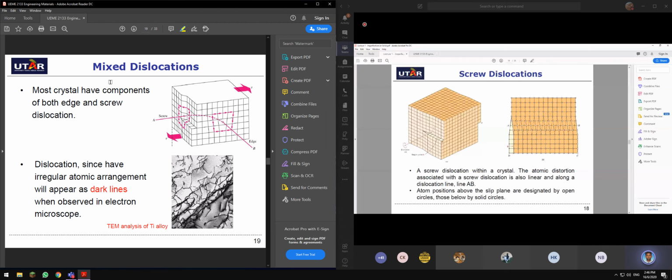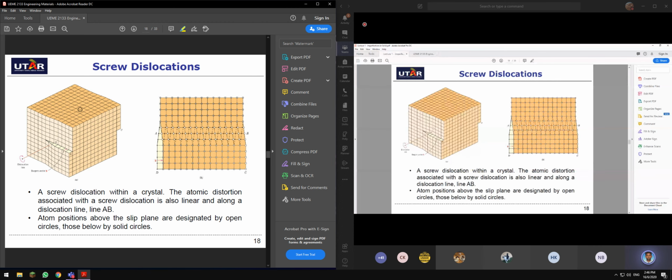Another one here is this screw dislocation. In a crystal, the atomic distortion associated with a screw dislocation is also linear and along a dislocation line AB. Here, A, B. So it moves in this direction. It means that there is a shear force acting in this line, this line, and also this line.